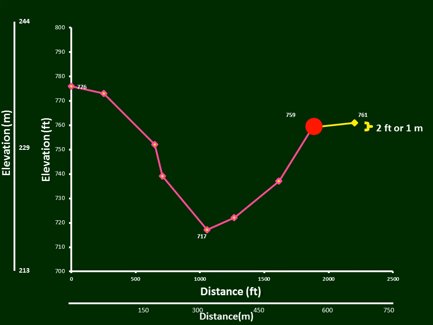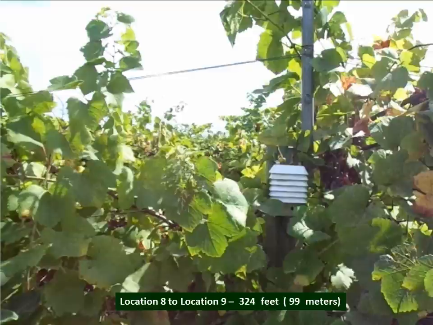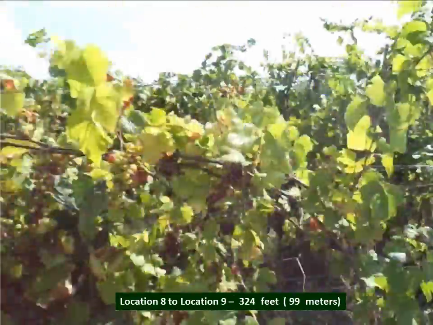So we'll make the last leg of the journey across the valley. We're just going to go up in elevation about 2 feet or 1 meter and go into a larger vineyard. Let's make the trip. There you go.